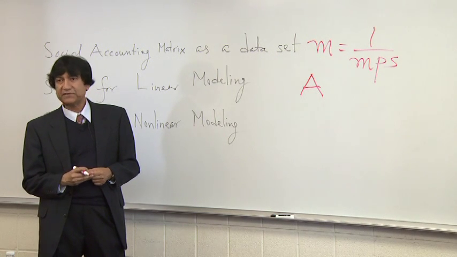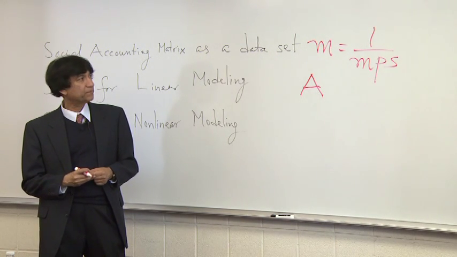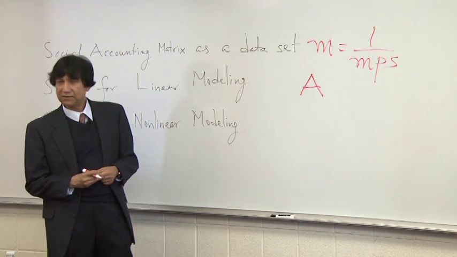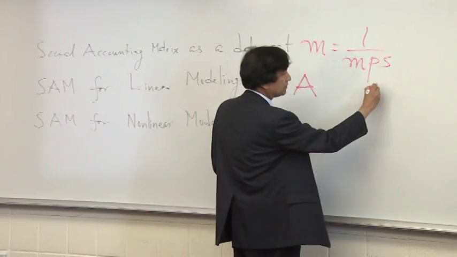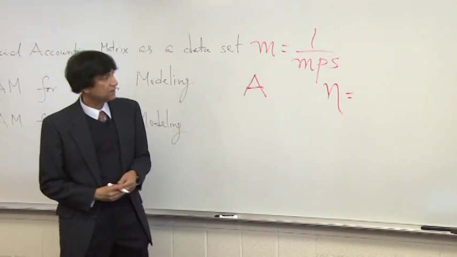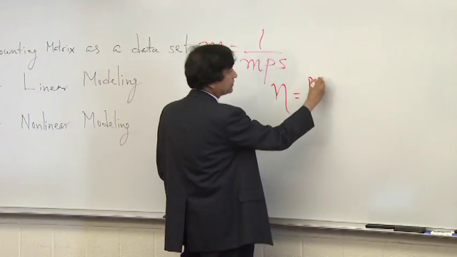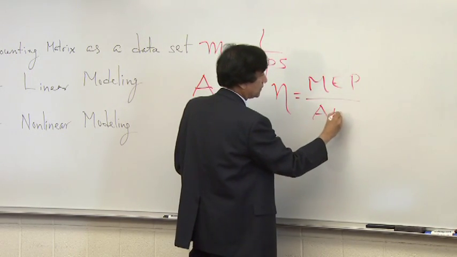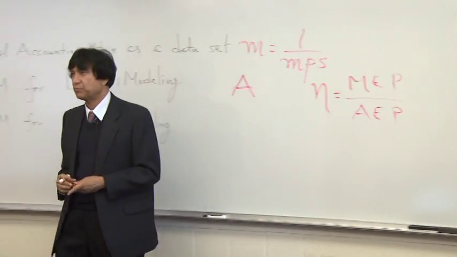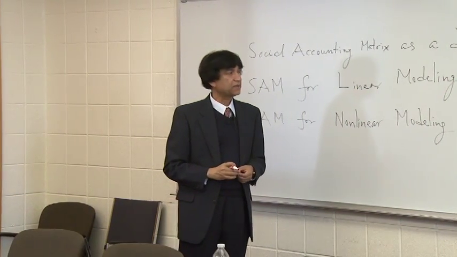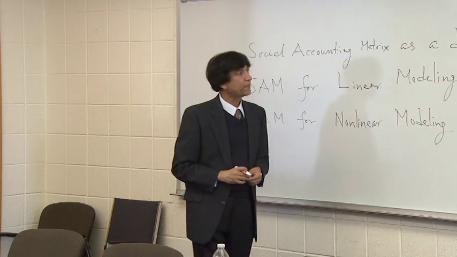You get marginal propensity by taking the income elasticity, and let's call this eta. Income elasticity is the ratio of marginal and average expenditure propensity. Right? This is an economic relation that is always true.